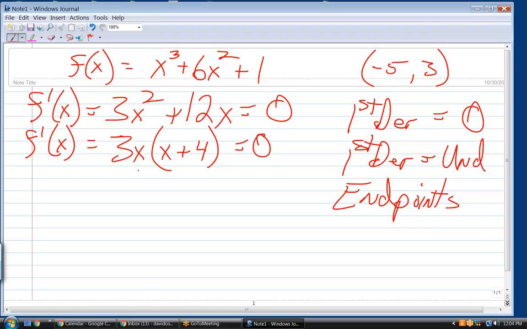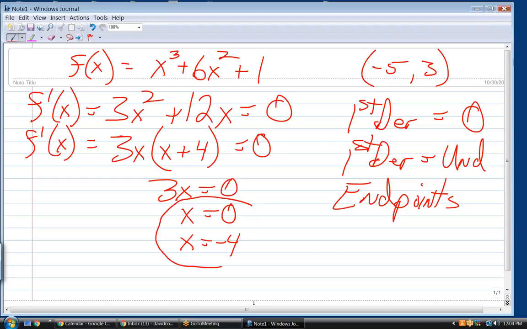Which means that 3x equals 0, so x equals 0, or x plus 4 equals 0, so x equals minus 4. So there are two points where the first derivative is equal to 0. There are no points where the first derivative is undefined. So we only have to check four numbers: x equals 0, x equals minus 4, x equals minus 5, and x equals 3.